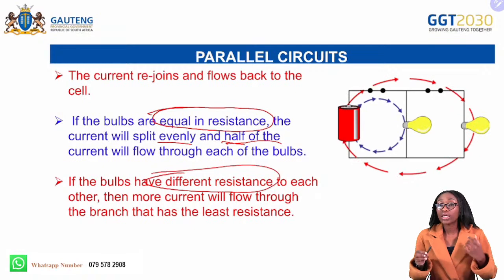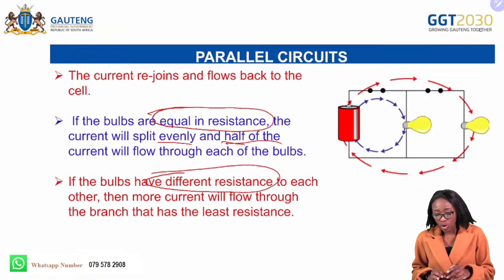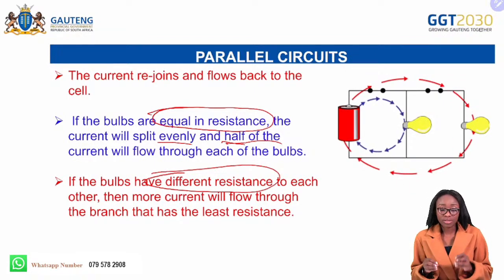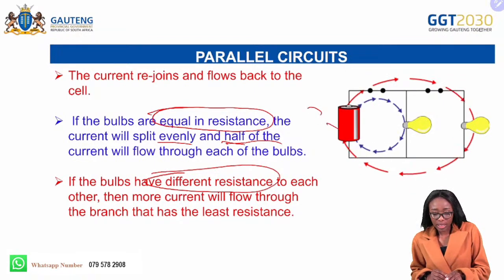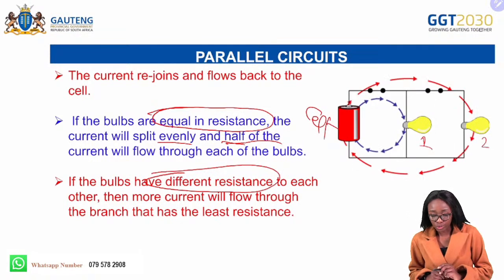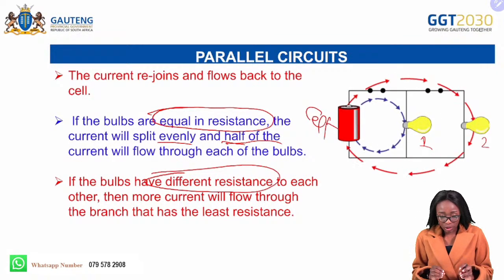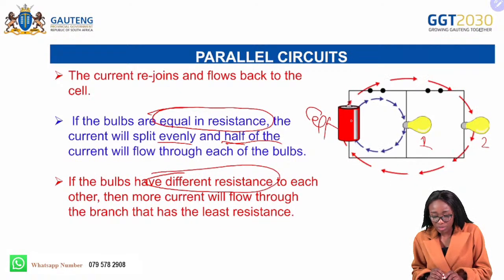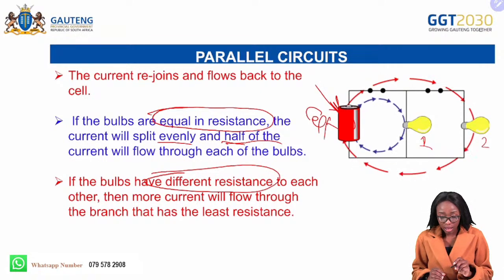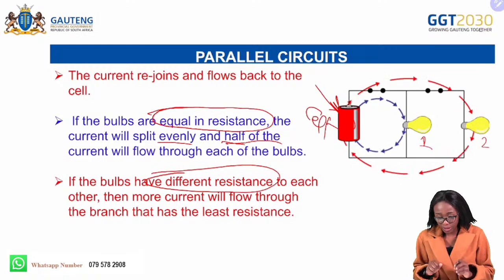Now, let's look at this diagram here and try and explain the concepts even more. So this is our parallel circuit. Once again, this is our cell, our power source, bulb number 1, bulb number 2. If these bulbs have equal resistance, the current that is coming from the cell is going to be split half-half, 50-50.